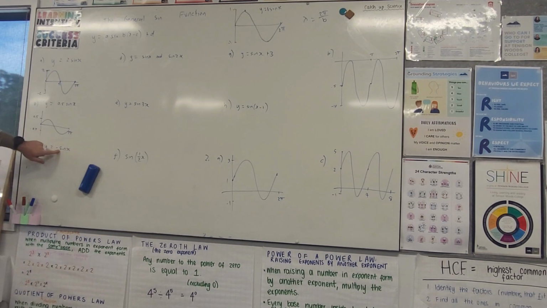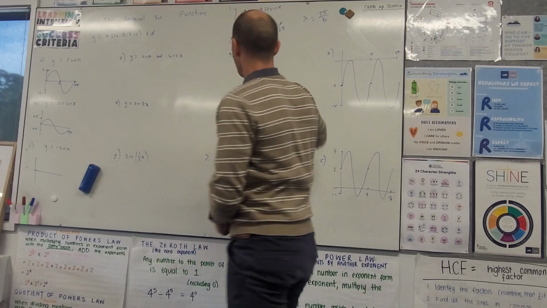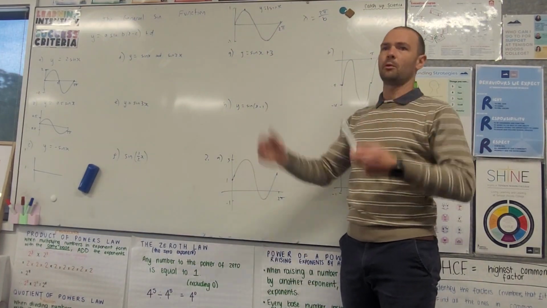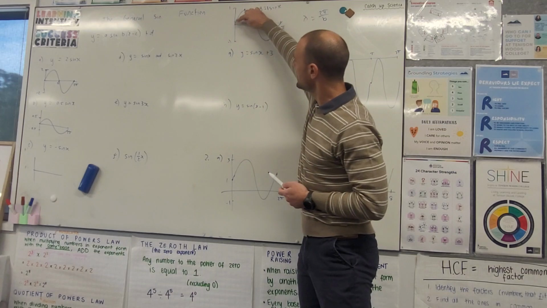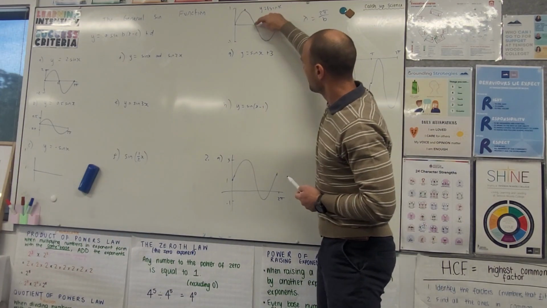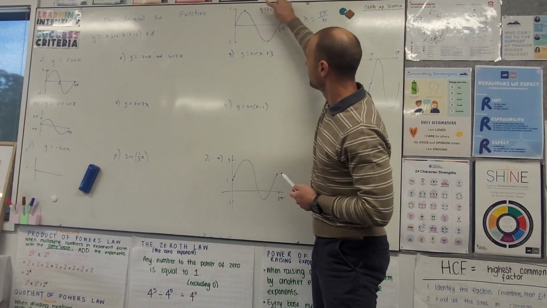Okay, when we have negative sine x, the amplitude is 1, right? The number in front of it is 1, but there's a negative there. So let's think, if we take the basic function here, I'm going to make every y value the negative of what it is. So these y values are going to flip down here, and a negative times a negative becomes a positive, so these y values here are going to flip up here.